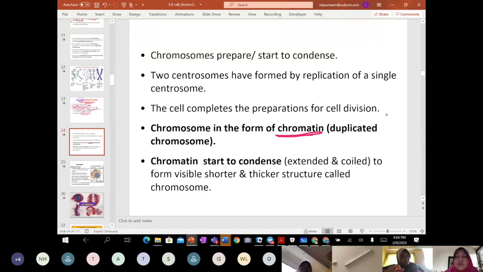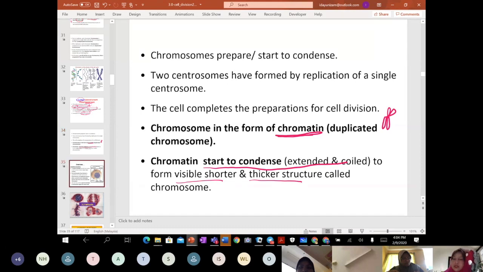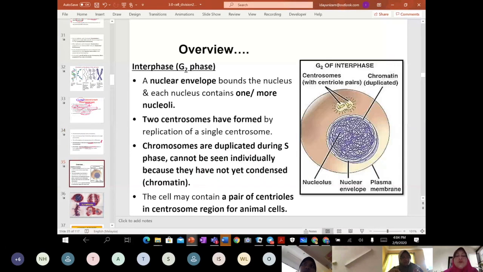But before it enters the mitosis process, this chromatin starts to condense to become a visible, shorter and thicker structure. So this is the overview of interphase.